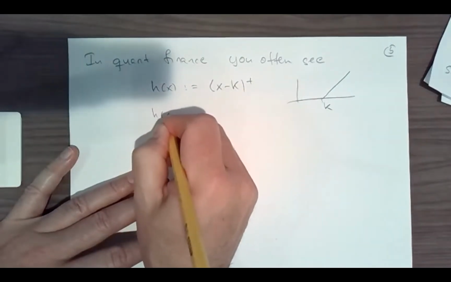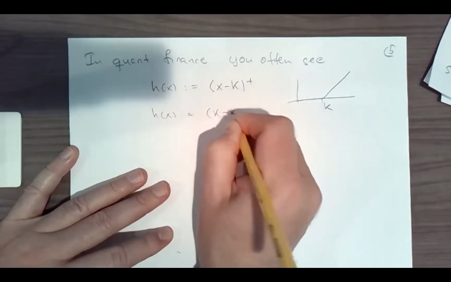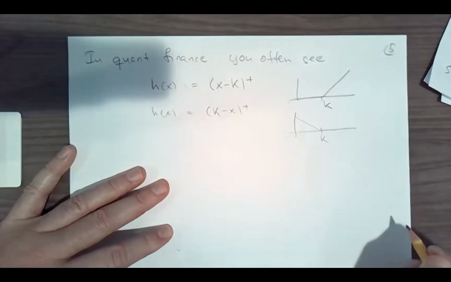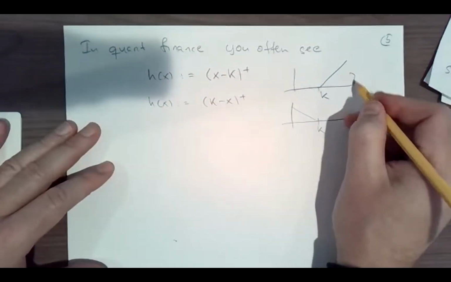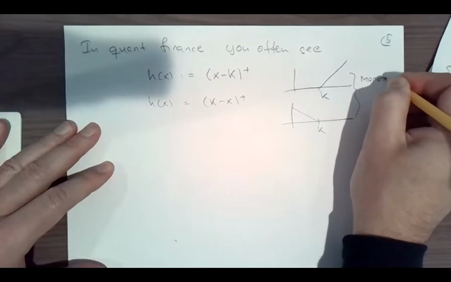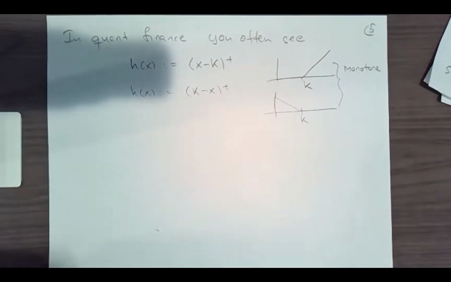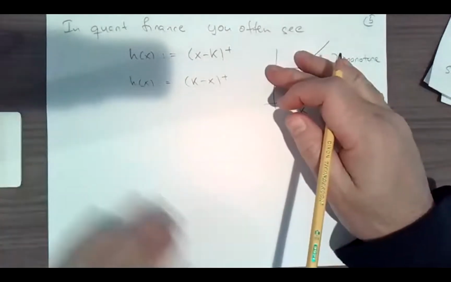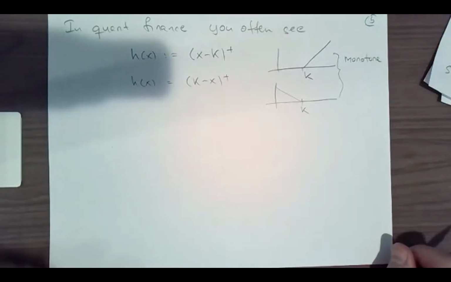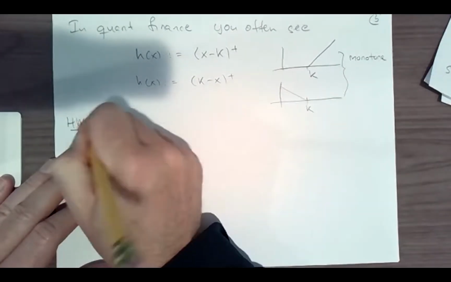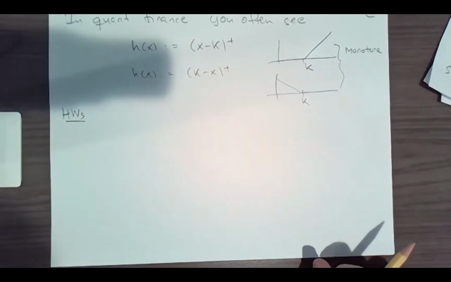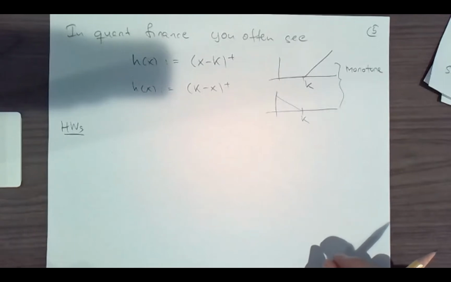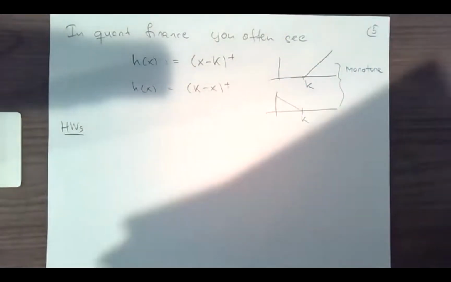Or you see h of x being the put option, K minus x positive part. So they're both monotone. So this trick with reducing the variance using these antithetic variables works. And this is going to come in the homeworks.